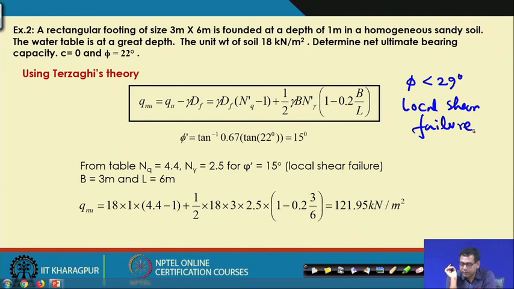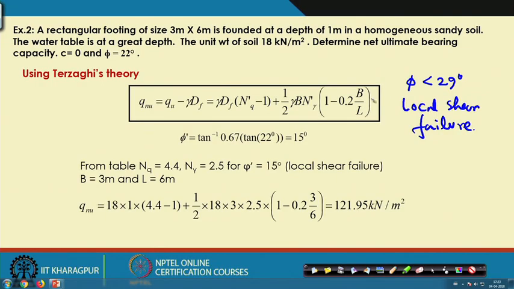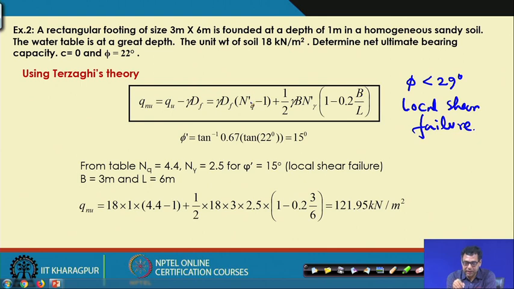So, for local shear failure, here I am just using one theory; similarly you can use it for the other theories also. This is the expression, I am using Terzaghi's theory. Instead of Nq I am using Nq dash, and instead of N gamma I am using N gamma dash.